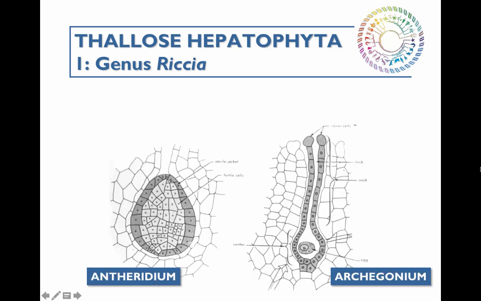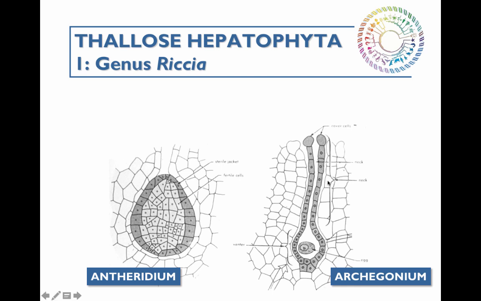My next slide shows these structures in a bit more detail, the antheridium on the left and the archegonium on the right. Now this diagram of an antheridium actually shows a rather immature antheridium. These pale grey cells at the center are not yet the sperm. They're labelled fertile cells. They're the cells which will undergo cell division to create the sperm.